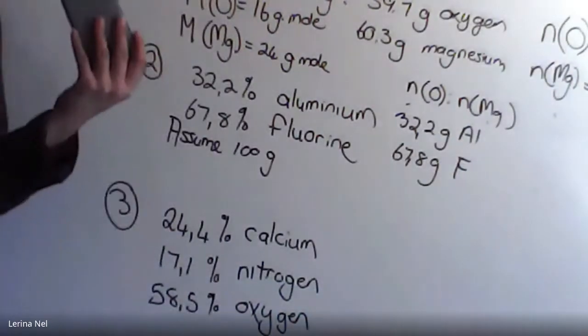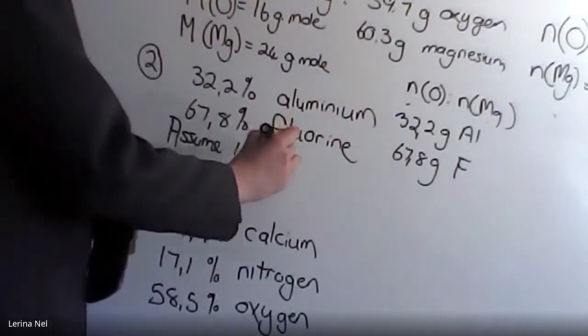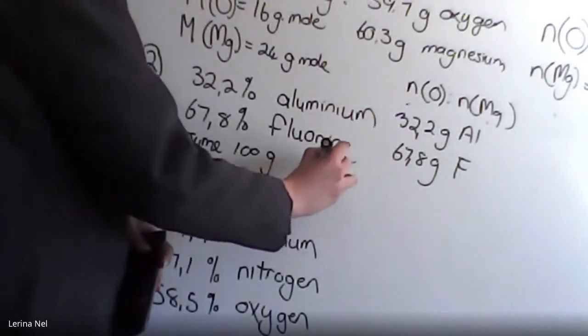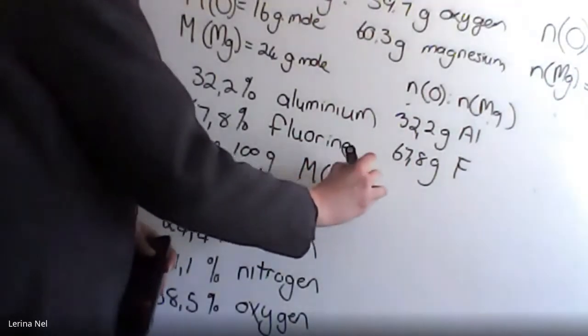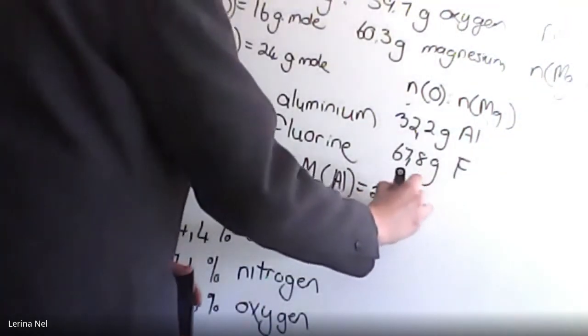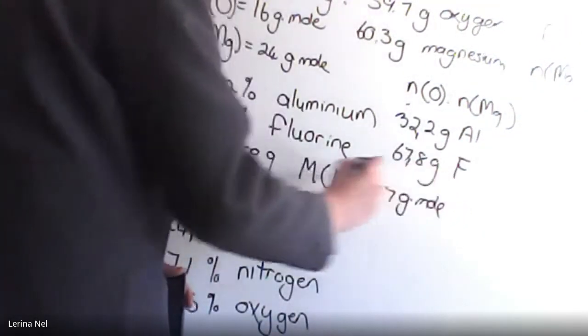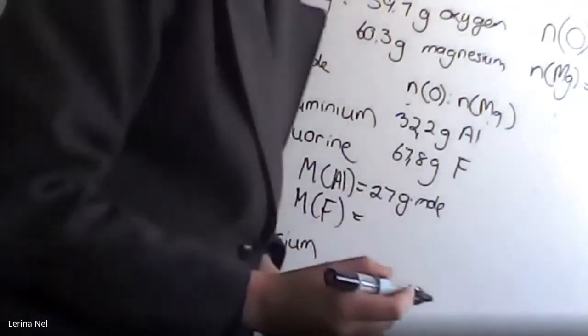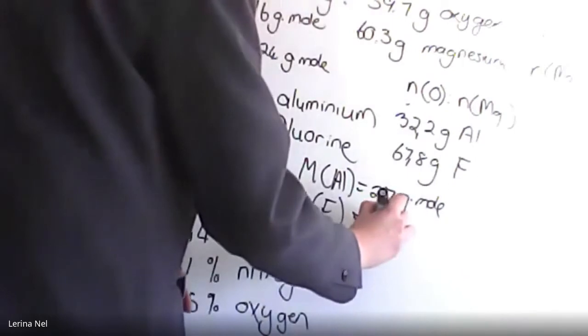Now, if we go to our periodic table, we get the molar mass for both of these substances. The molar mass for aluminium, it's a metal, is about 27 grams per mole. And the molar mass of fluoride is going to be 19 grams per mole.